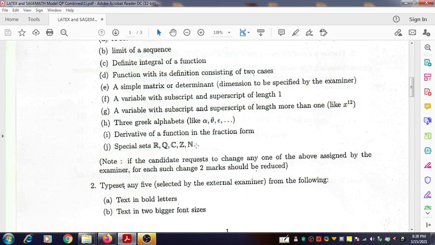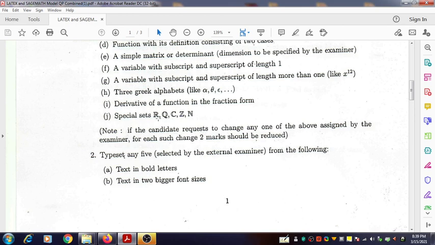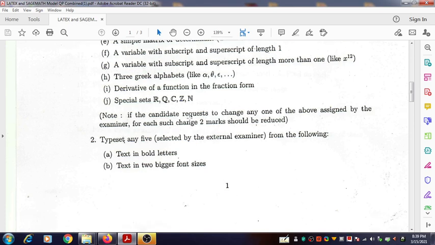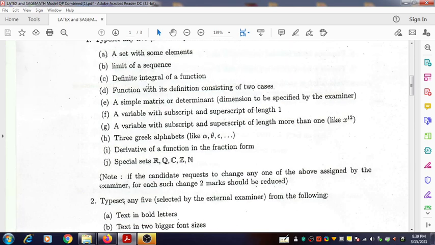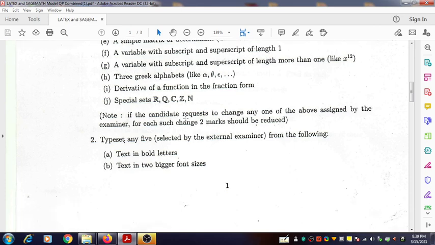Then the next question is the derivative of a function in fraction form, and then the special sets such as R, Q, C, Z, N, etc. You should be able to typeset this kind of special letters. So if the candidate requests a change of one question, then 2 marks can be reduced.